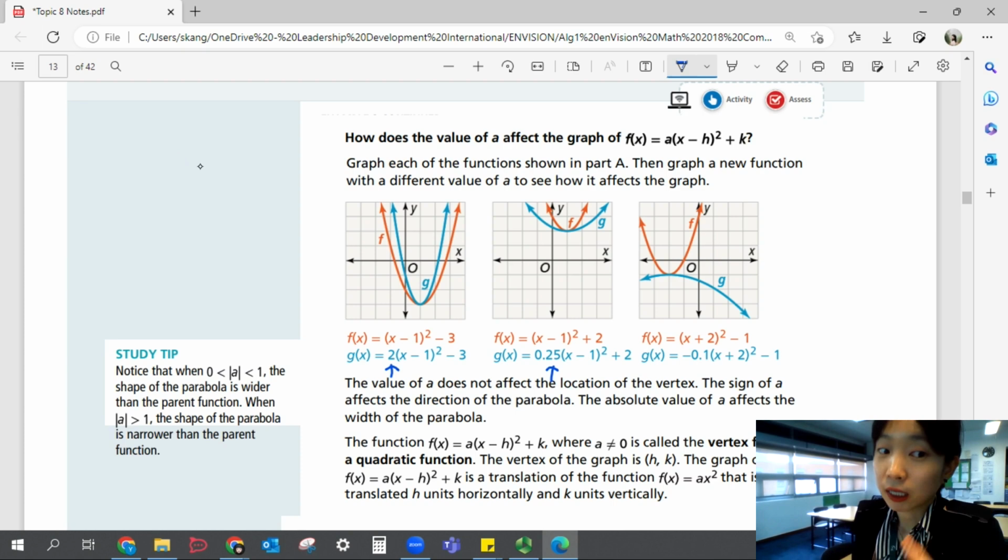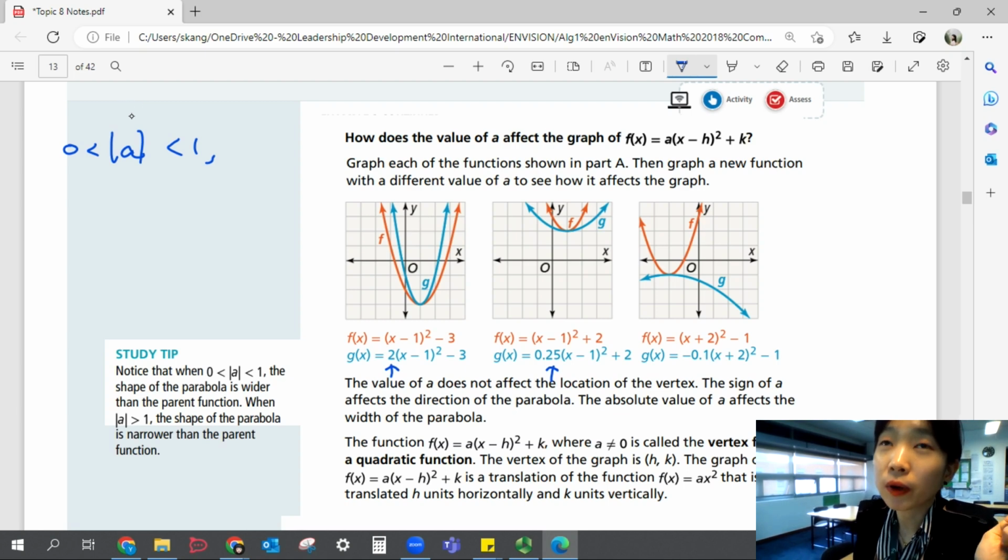So if you remember from last lesson, if a is less than 1 but greater than 0, it has to be greater than 0 because it's absolute value, but I still want to give you that limit because negative is something else. It's not the width, it's the reflection. Then the graph gets wider.